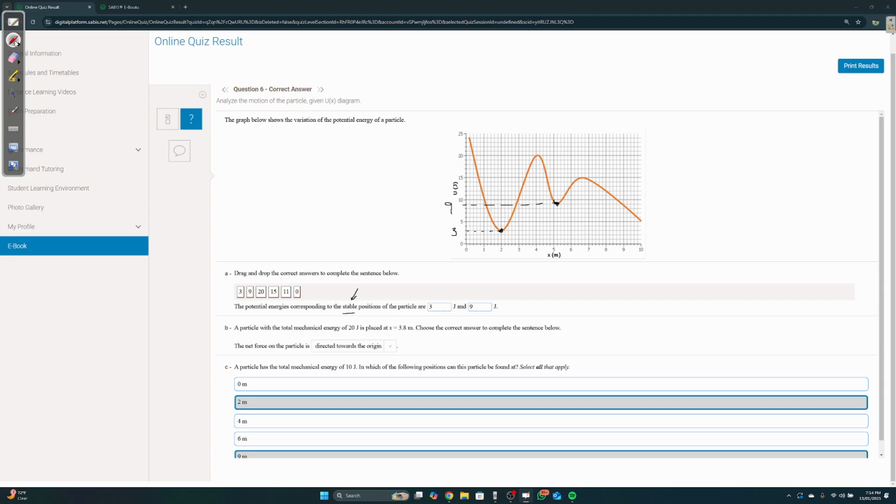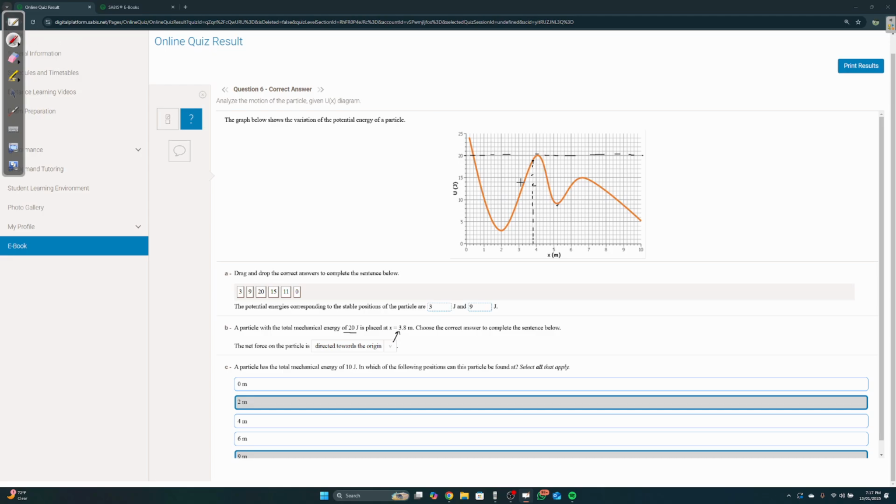Very easy. Next. A particle with a total mechanical energy of 20 is placed at x equals 3.8 meters. So 20 joules is the total mechanical energy, and it's placed at x equal to 3.8 meters, so over here we have a change in potential energy. Anytime you have a change in potential energy, you will always have a force.